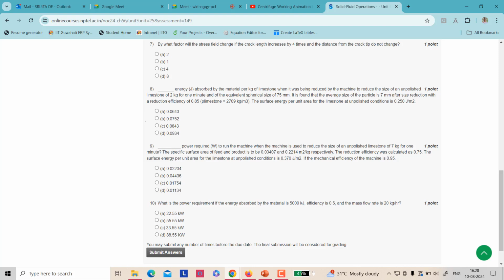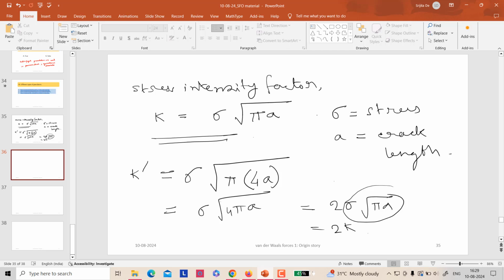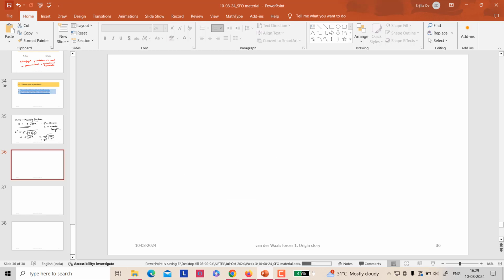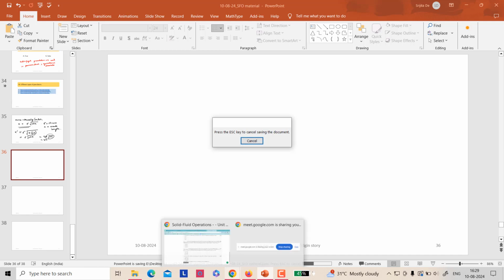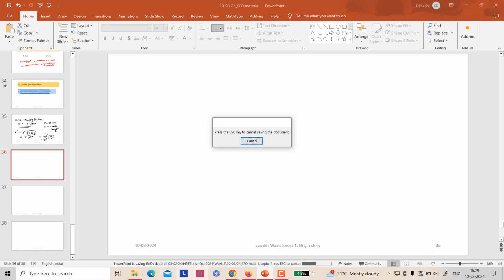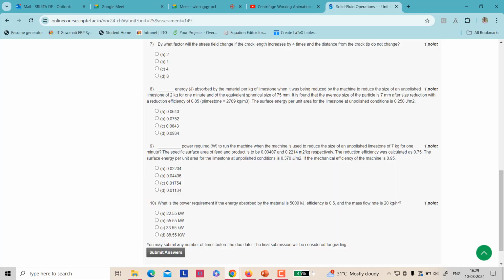Efficiency of size reduction eta is equal to epsilon, ASP minus ASF upon WS. It will apply the Rittinger's law formula.